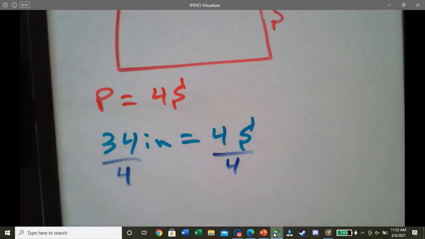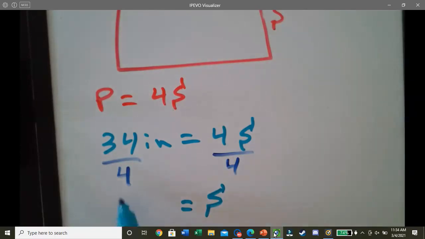So S is going to equal, now 4 doesn't divide evenly into 34, right? So I believe it comes out to be about 8.5. Am I right on that? So you divide it, yeah, 8.5.